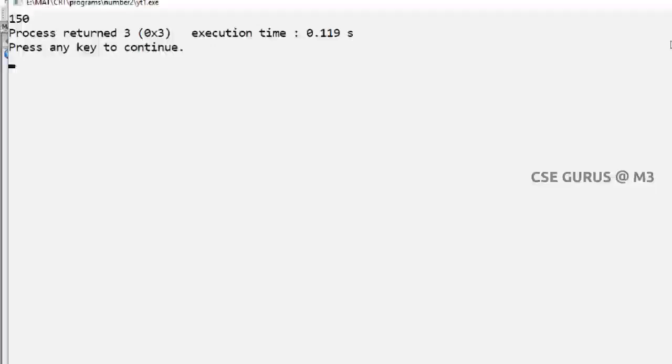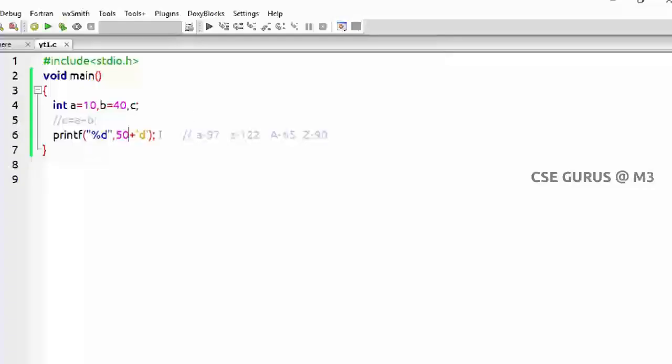Okay, now one more question. What if I write here 5, but 5 in single quotes, will it work? Will it give correct output? Yes, why not? D value is 100. What is 5? It is a character constant, and again we have ASCII values for character constants of the numbers.